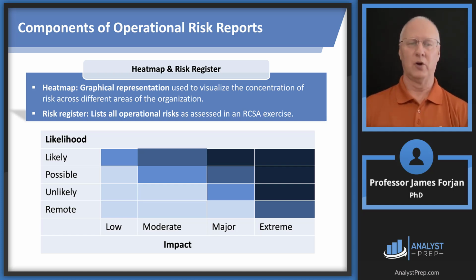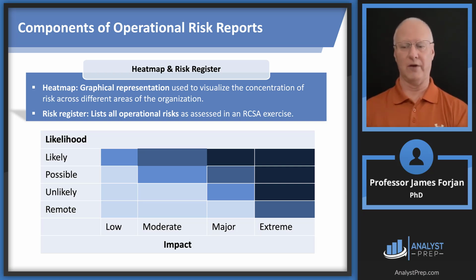Here's a super quick reminder of this heat map. This is a measure of the relationship between likelihood right at the top and impact. You should remember this from a previous recording. Notice that the second block point reminds us this risk register lists all operational risks that were assessed in that risk control self-assessment.